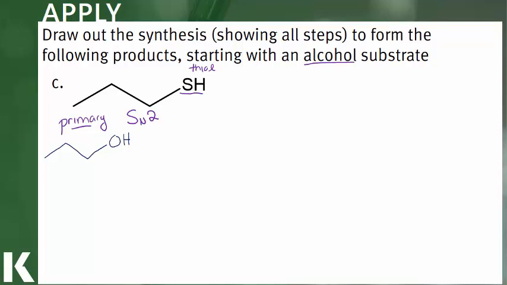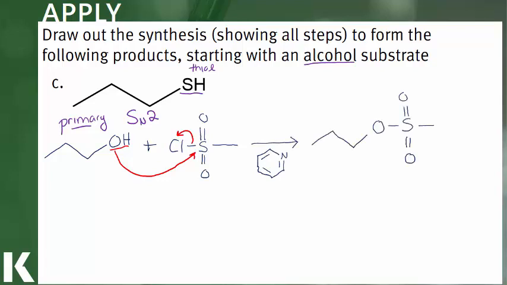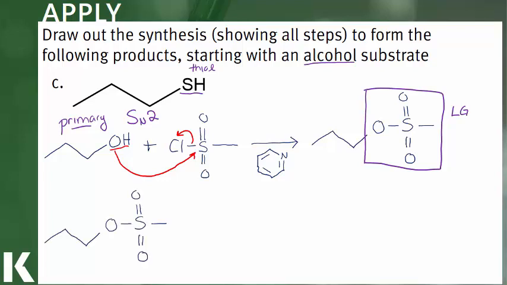We'll first convert that OH group into a better leaving group, here through the use of a mesyl group. So just like before, that oxygen of our OH group is going to act as a nucleophile, attack the sulfur, and kick off chlorine. And this will give us our substituted product where now we have a good leaving group. We can use this for another substitution reaction.